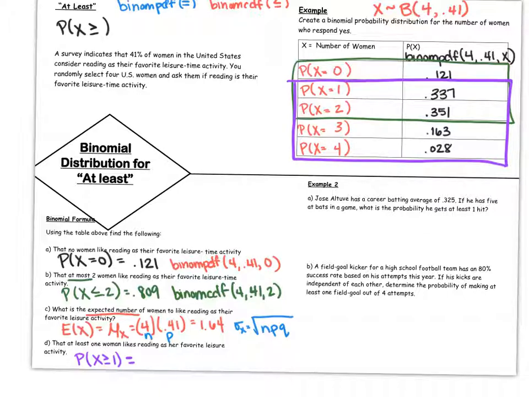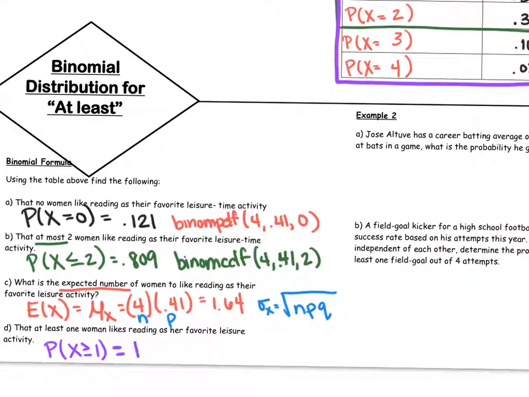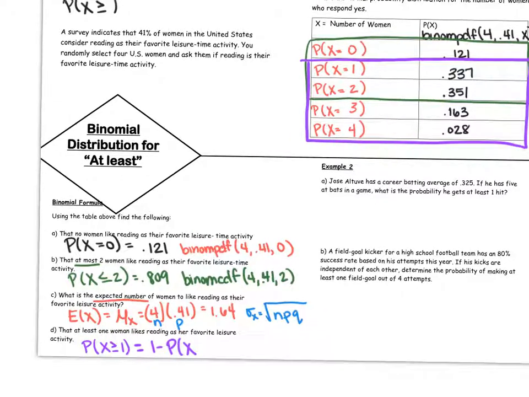Then here's what it's equal to. This is equal to 1 minus the probability that x is 0, since at least 1 is everybody except 0. So this is 1 minus the probability that x is less than or equal to 0. That's how you're going to write that.